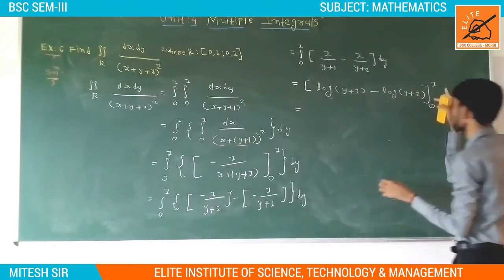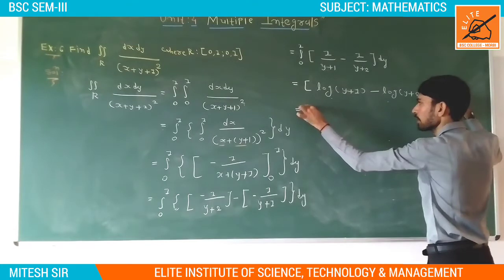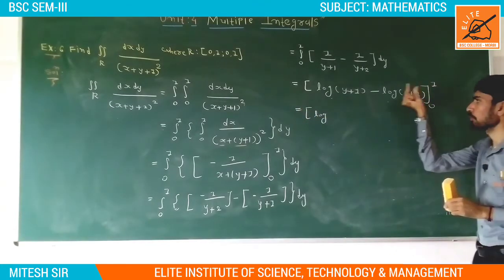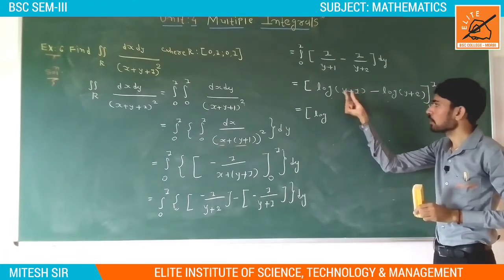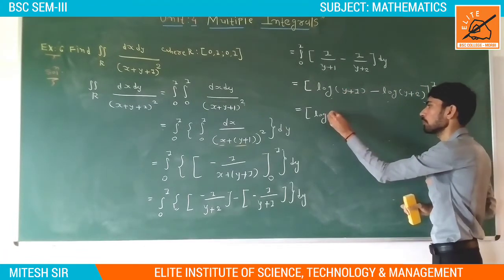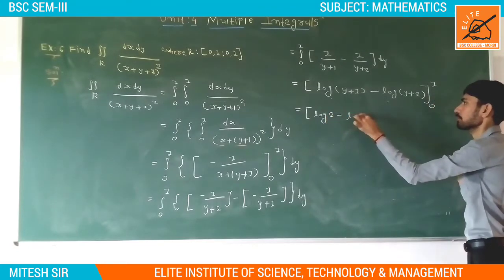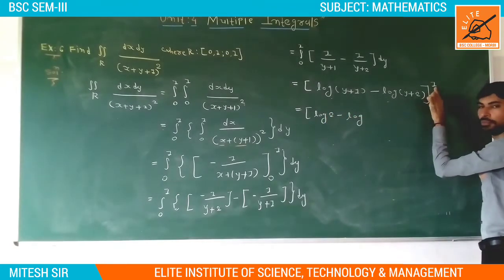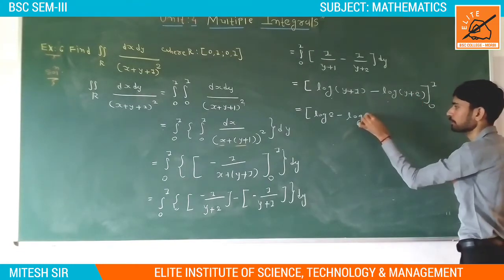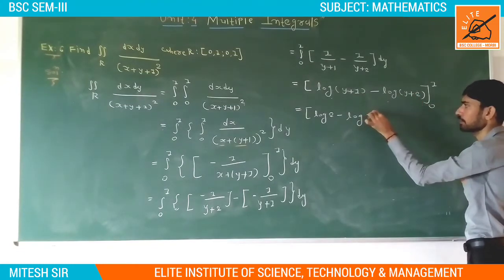So now we first substitute the upper limit at a place of y. Our upper limit is 1, so we substitute 1 at a place of y. So 1 plus 1 is 2, so log 2 minus log, we substitute 1 at a place of y, so 1 plus 2 is nothing but log 3. So this is the upper limit.